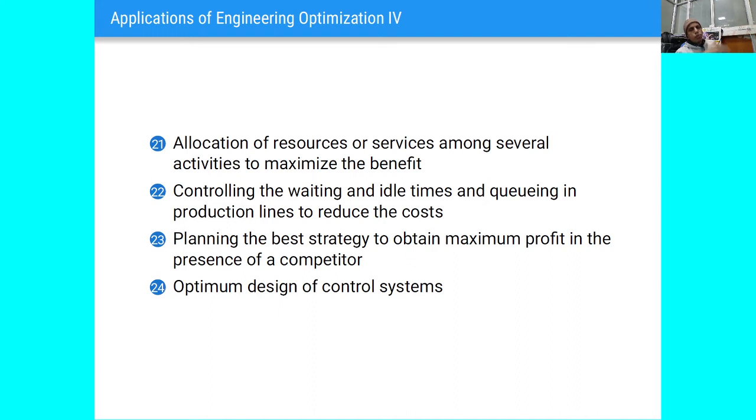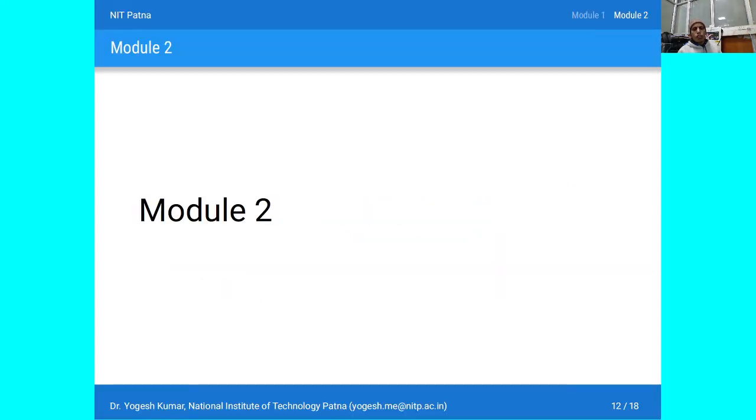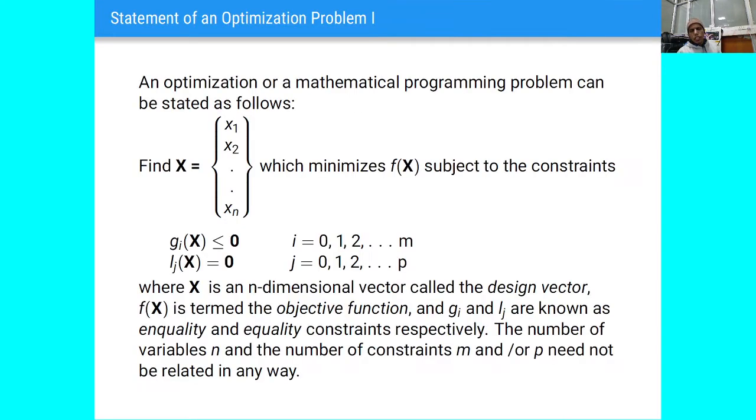And now I will jump to module 2, which will talk specifically about optimization techniques. Okay, so let us come to how an engineering optimization problem looks like.